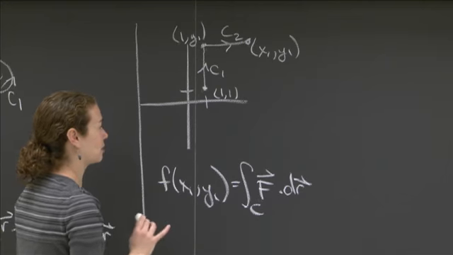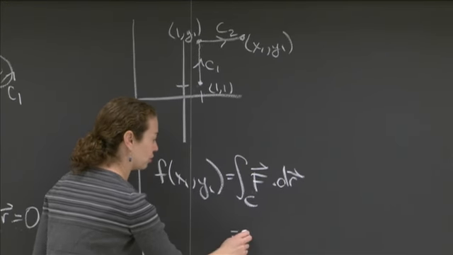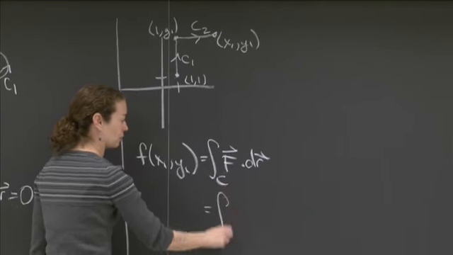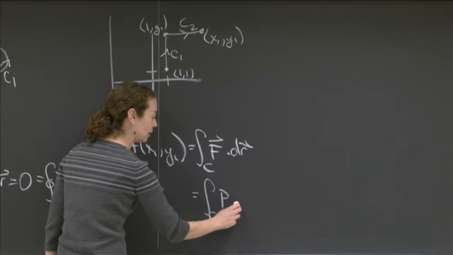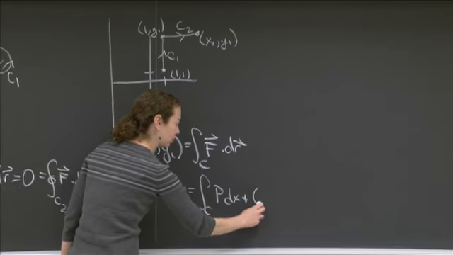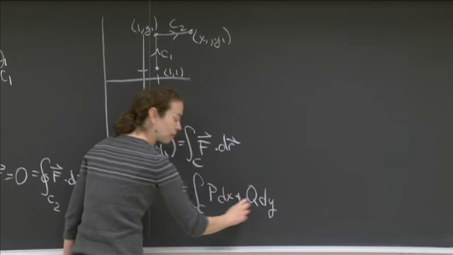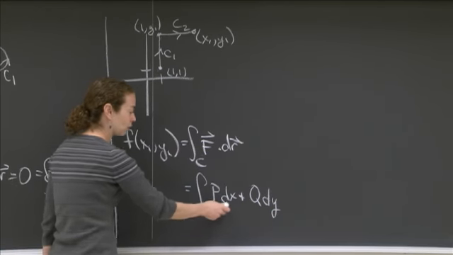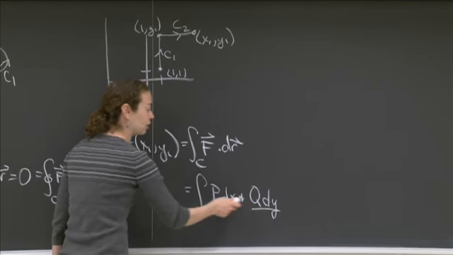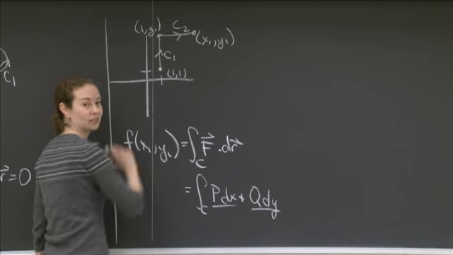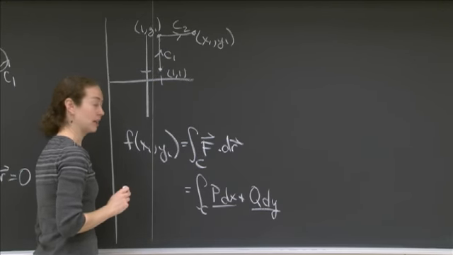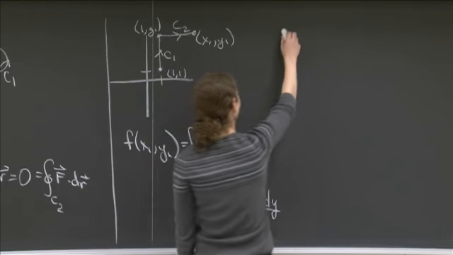So let's break this down, and let me remind you also, the integral along this curve C of F dot dr should be P dx plus Q dy, right? And so I'm going to look at what P dx is and what Q dy is on C1 and on C2. All right, so let's do that.